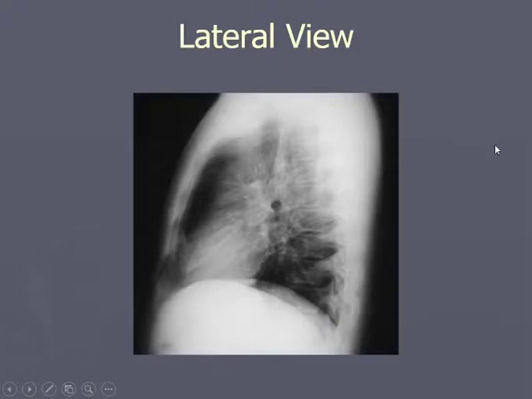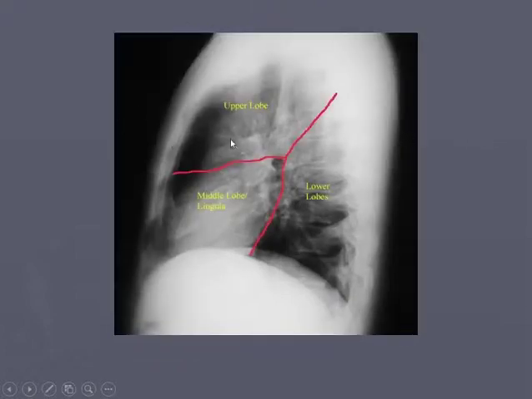Looking at our lateral view, which is extremely helpful, we have our upper lobe, middle lobe and lingula, and then the lower lobes in the back. And when we look at this, remember for the PA view, the X-rays are coming this way.